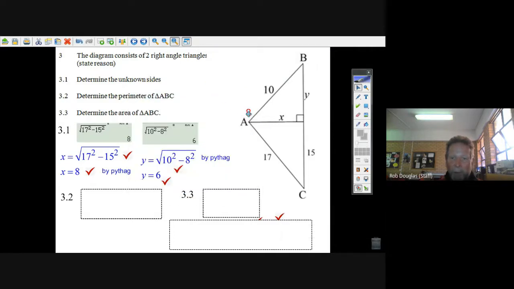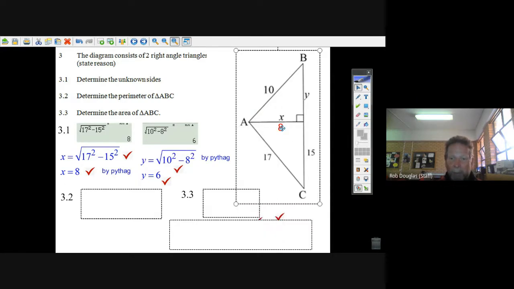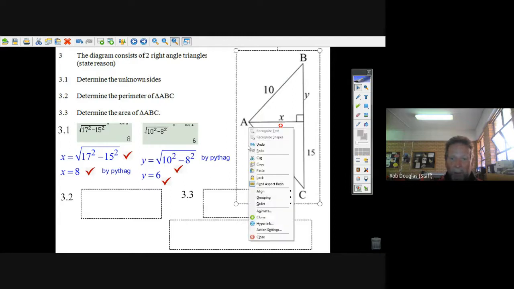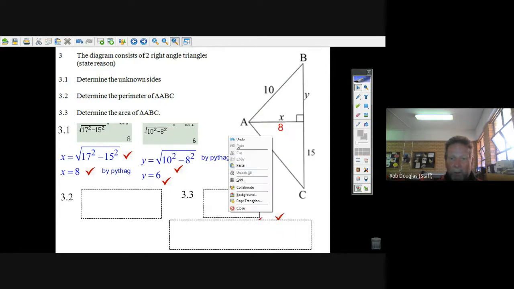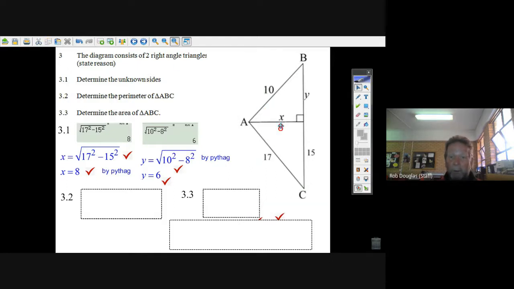So I'm going to put an 8 right by here because we worked out that x was 8. And then I'm going to put a 6 by the y that we figured out was 6. I'll copy that, paste it, and change it to 6. Now I've got my diagram all figured out. I know that that's 6, that's 15, that's 8, 17, 10.